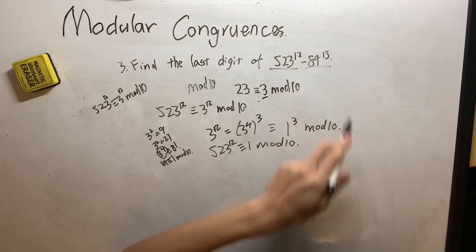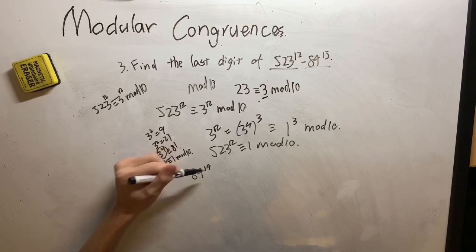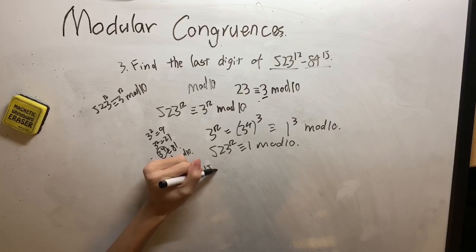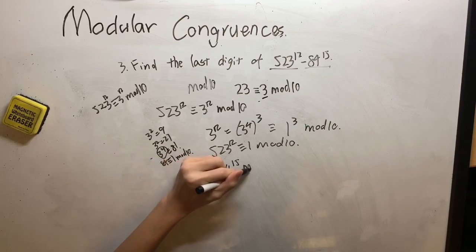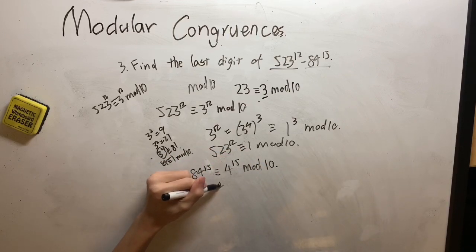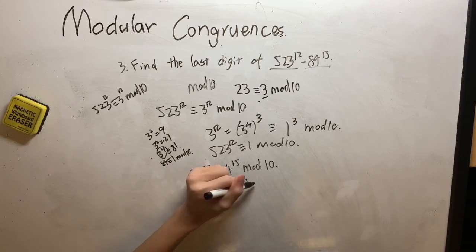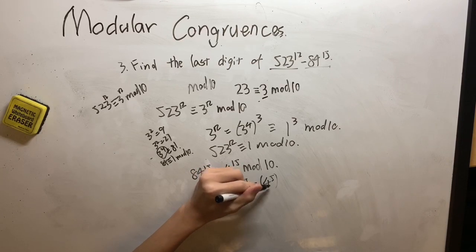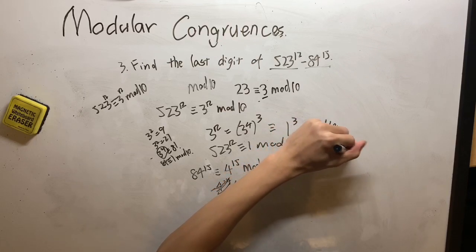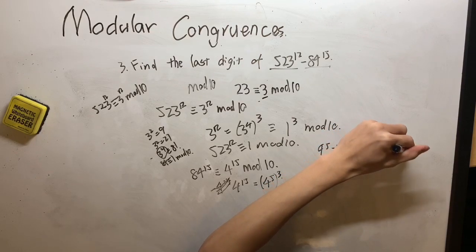Now let's look at 84 to the 15. 84 to the 15 is congruent to 4 to the 15 mod 10. And 4 to the 15 is equal to 4 to the 5th to the third, and 4 to the 5th equals 1024, and this is congruent to 4 mod 10.